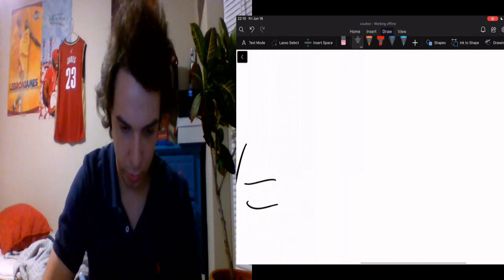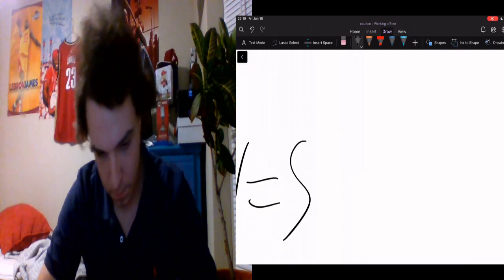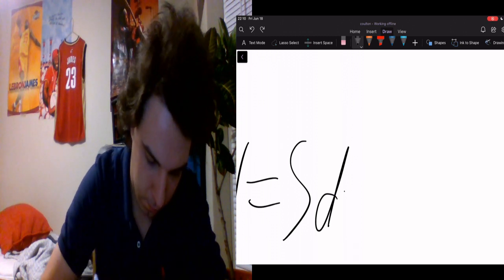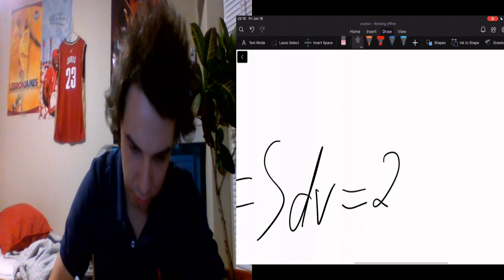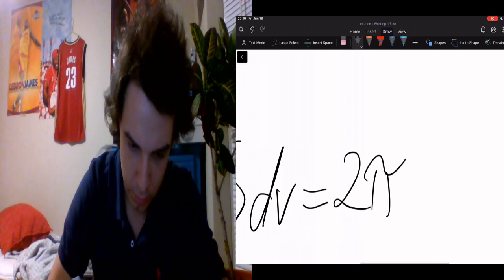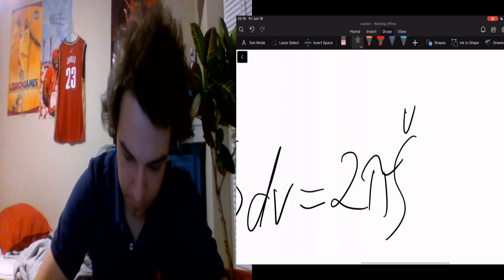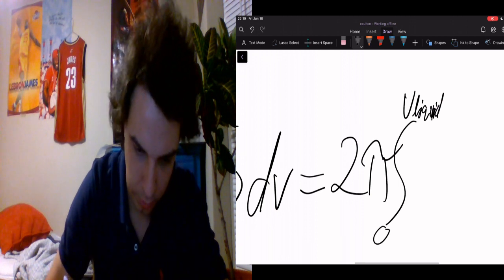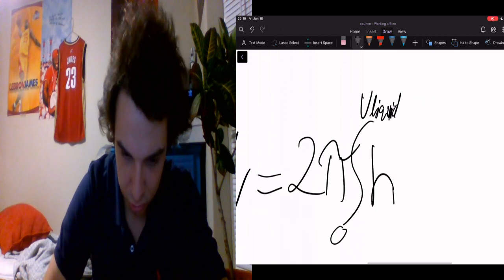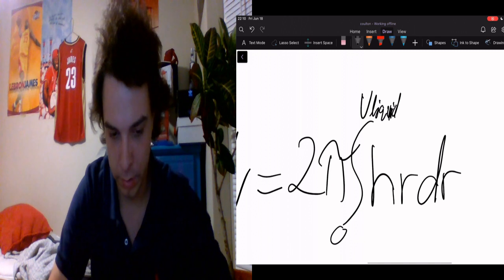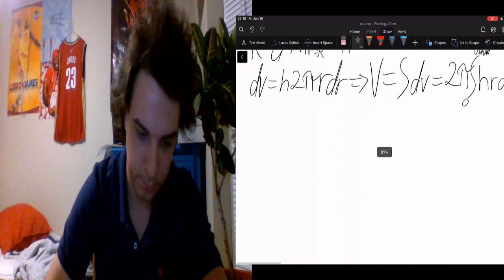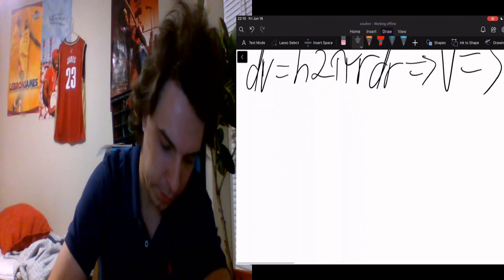V is equal to the integral of dV, which is equal to 2 pi times the integral over the liquid volume from 0 to R of h r dr, and you can simplify that.